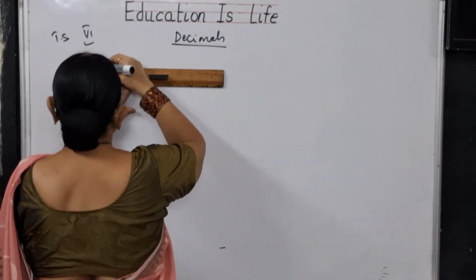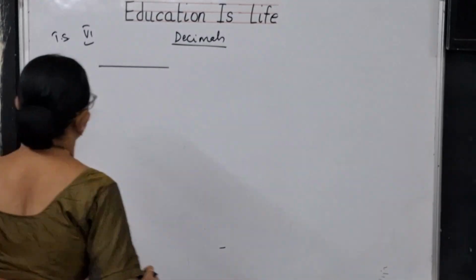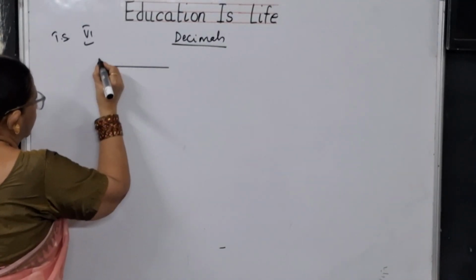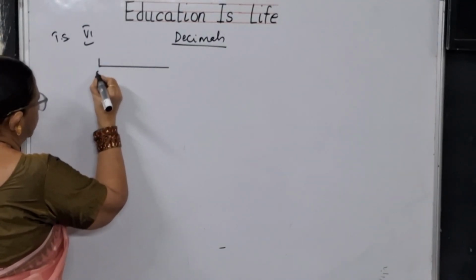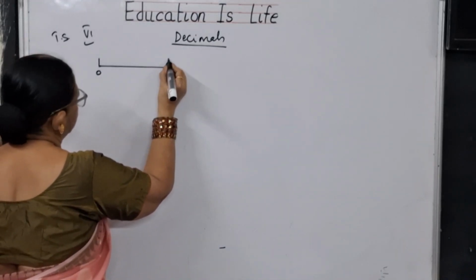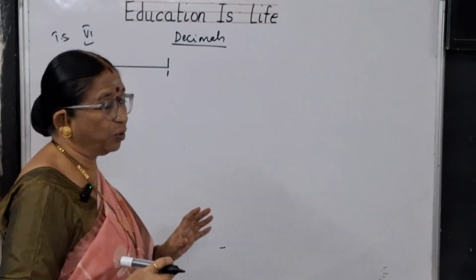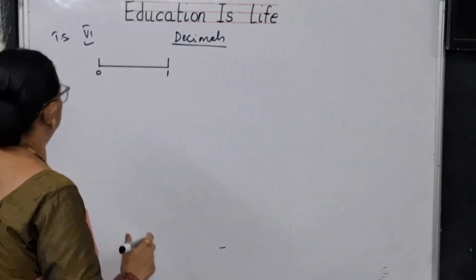Suppose this is the scale, with the lines written upon it. This is 0, and let me take this as 1. I am taking only 1 centimeter length.